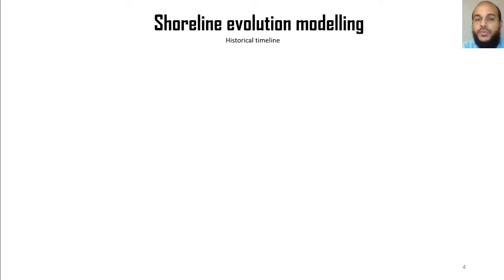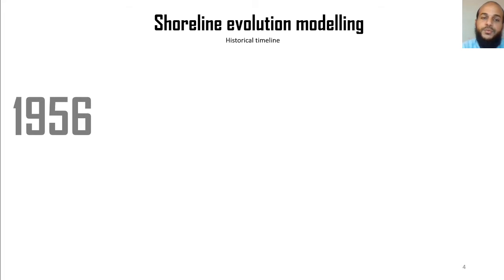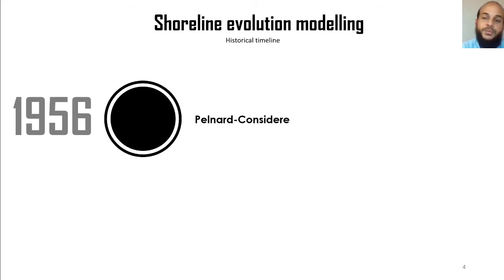I'm going to go through some history and literature review of shoreline modeling, which will help me introduce my topic. When we talk about shoreline modeling, first of all we should start from Pelnard-Considère, who was the first to introduce the mathematical model for one-line models.